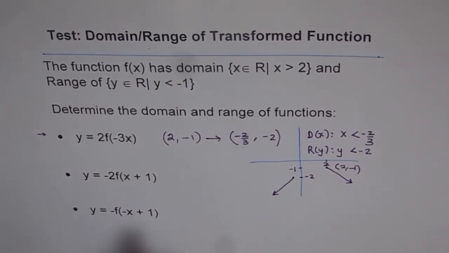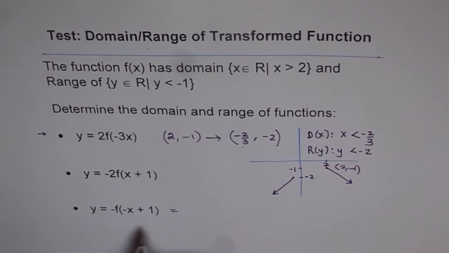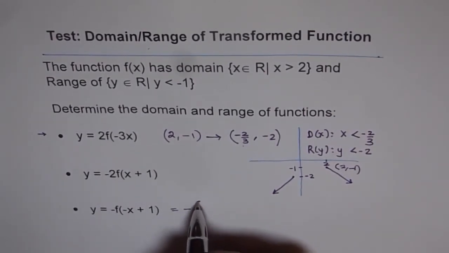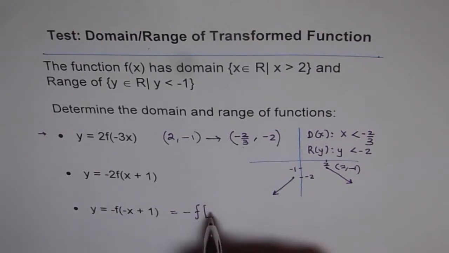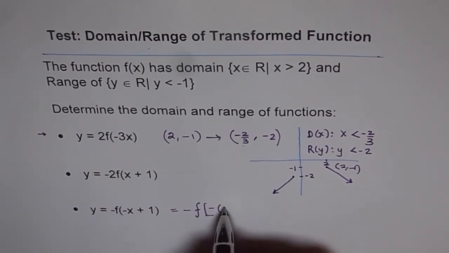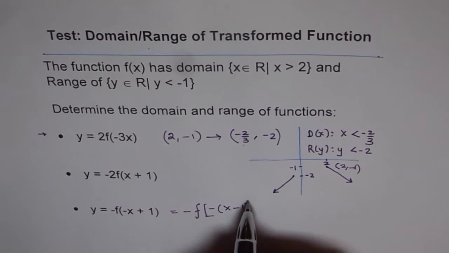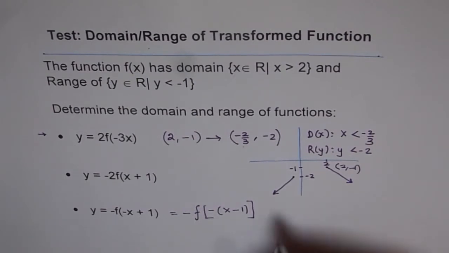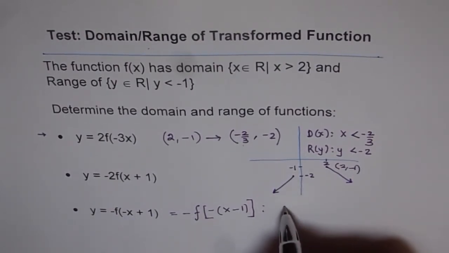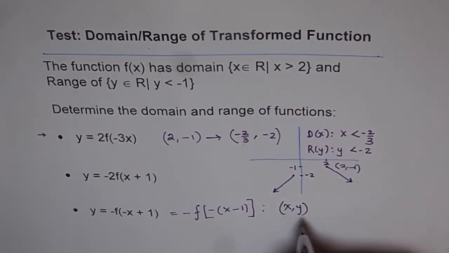Whenever you have a function like this, you have to see it in the fashion of minus of a function and factor this minus out. So when you do that, you get x minus 1. Do you understand? That is what you're going to get. Now in this, the transformation of the points will be, let's say, x and y are the original points.